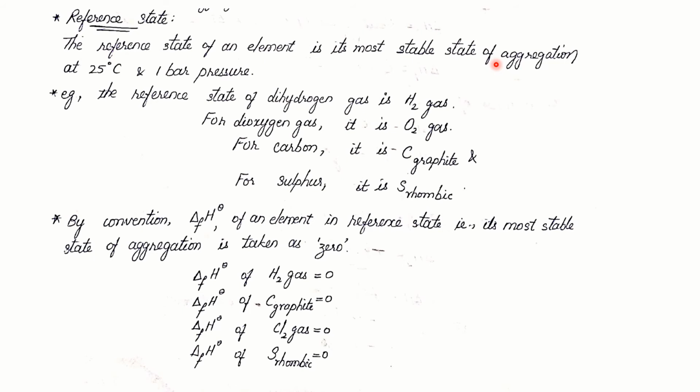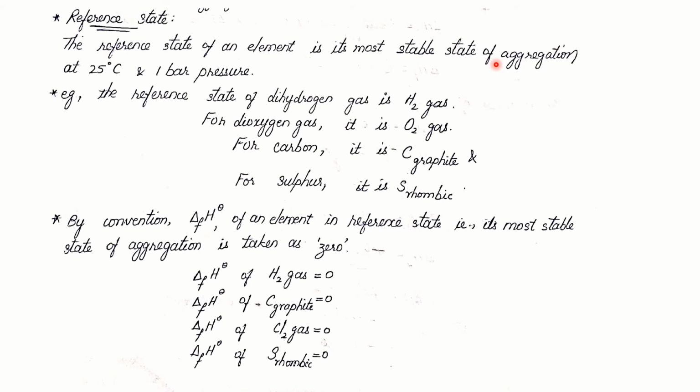So, in graphite and diamond, carbon atoms exist in different states of aggregation by nature, imparting characteristic shapes to these allotropic forms of carbon. Now out of these allotropic forms of carbon, which one is the most stable state of aggregation? Graphite is the allotrope of carbon that exists in its purest and most stable state of aggregation at 25 degrees Celsius and 1 bar pressure. That is, the reference state of carbon at 25 degrees Celsius and 1 bar pressure is graphite.